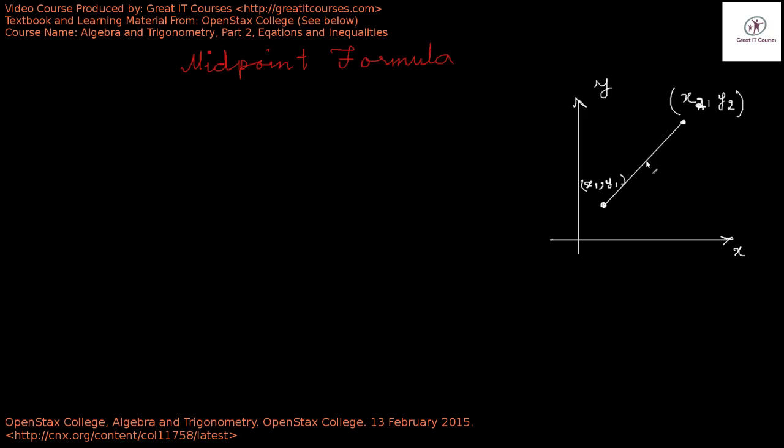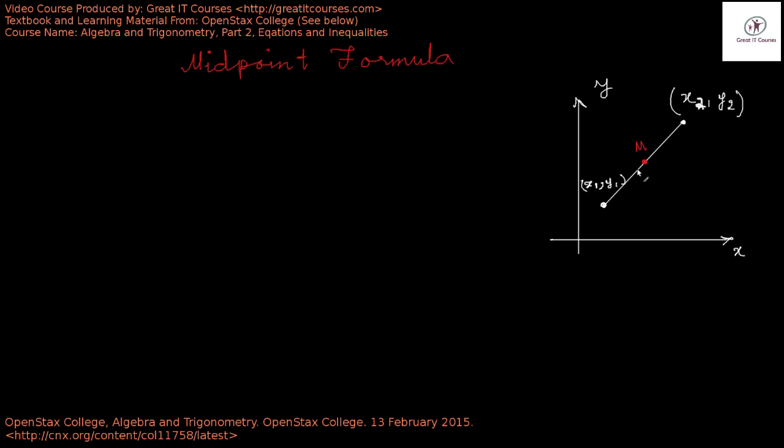Now all we want to figure out is the coordinates of the midpoint of this line segment. Let's say this is the midpoint, let's call it M, and I want to figure out, based on the x and y coordinates of these two points, what the x and y coordinates of the point M are.